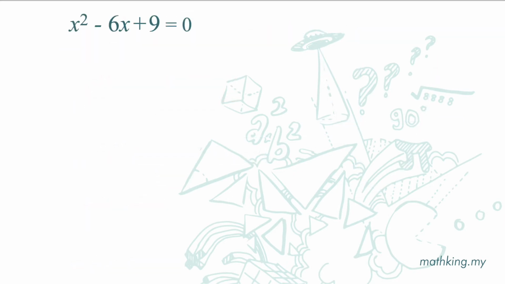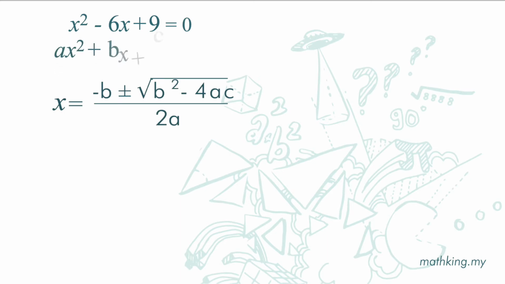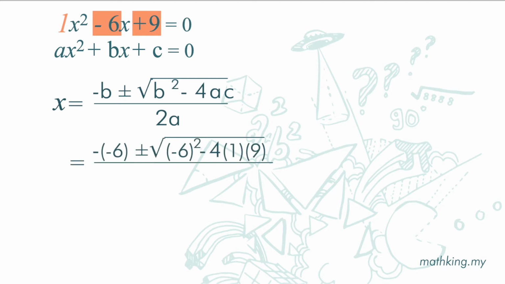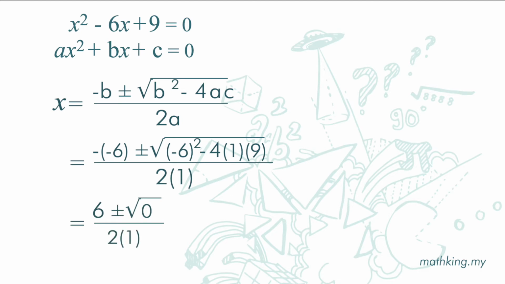Next, let's look at this quadratic equation. We are going to find its roots using the quadratic formula. A is 1, B is -6, C is 9. We plug the numbers into the formula, and we get 3.